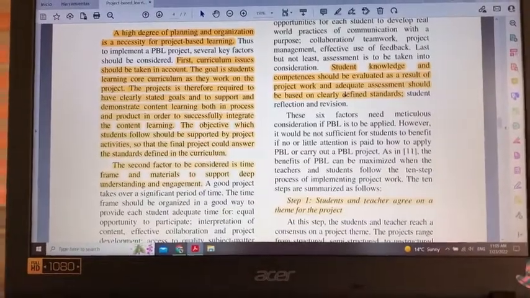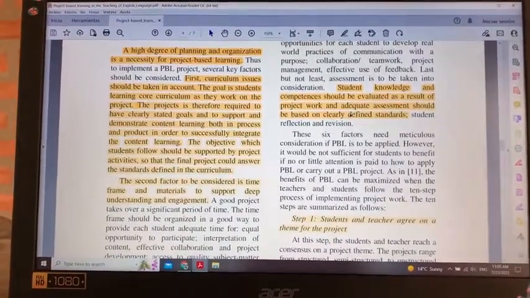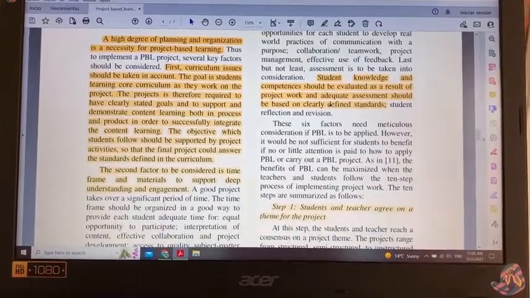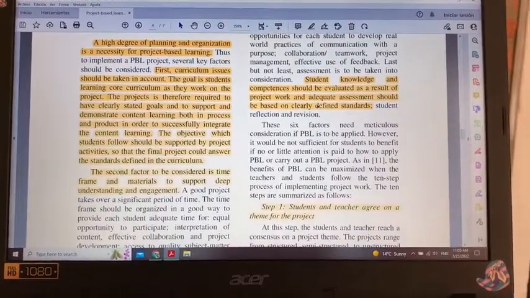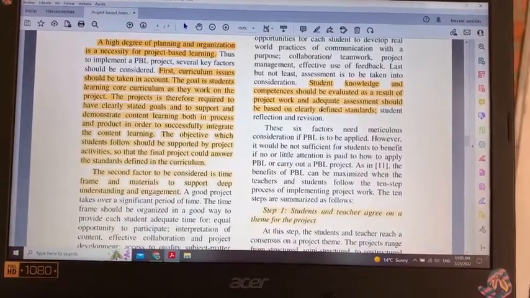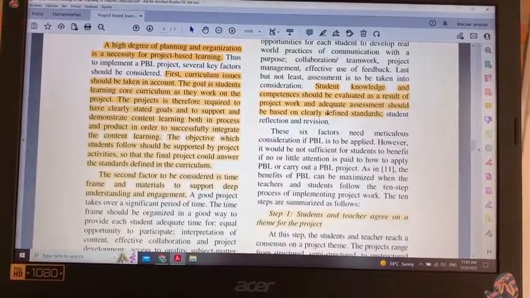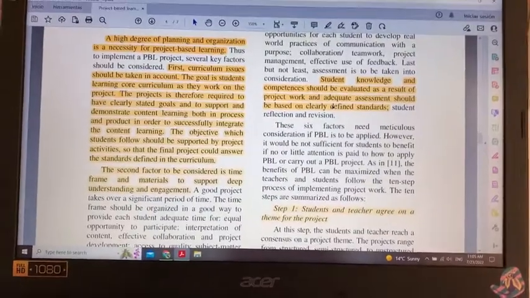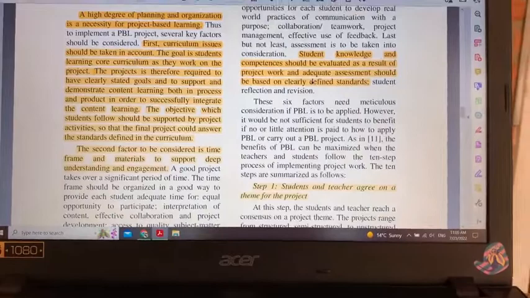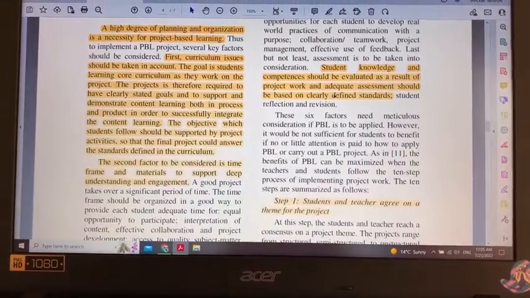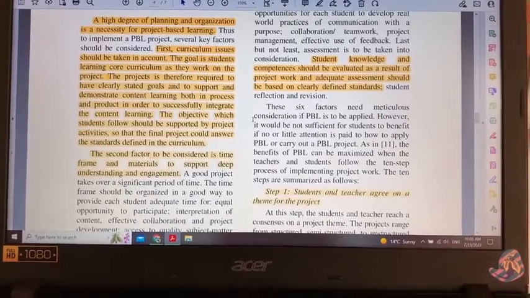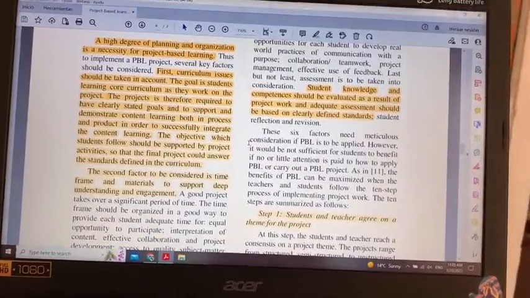One of them is the curriculum issues that we may encounter in our different institutions. Then the time frame and the material to support understanding and engagement, collaboration, the student direction of the project, the real-world connection that they are going to find while doing this project, and also the assessment that we have mentioned before.